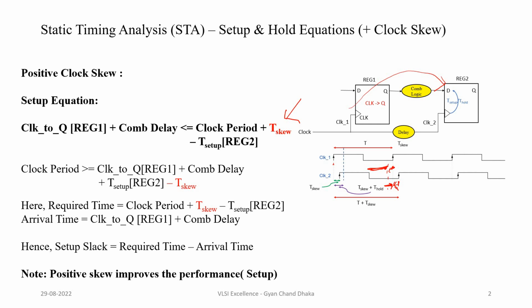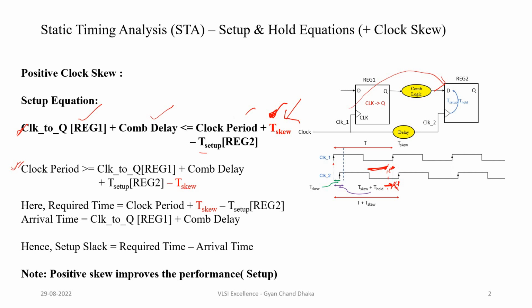Okay, so now the new setup equation will become: clock to Q delay plus combinational delay should be less than clock period plus t skew minus t setup. If you rearrange this equation, our clock period will become greater than or equal to this value.